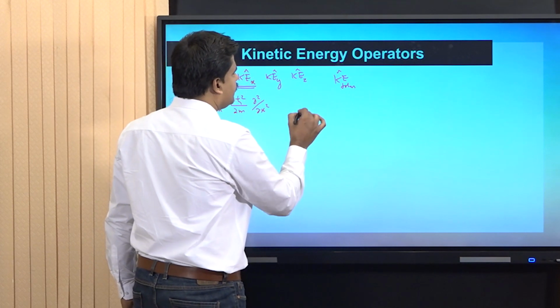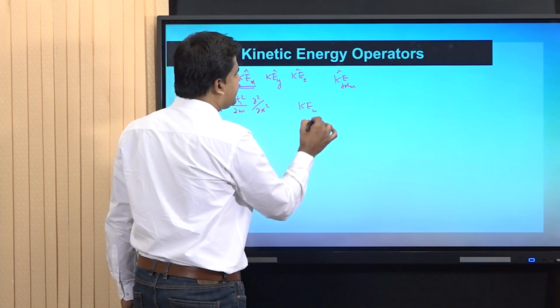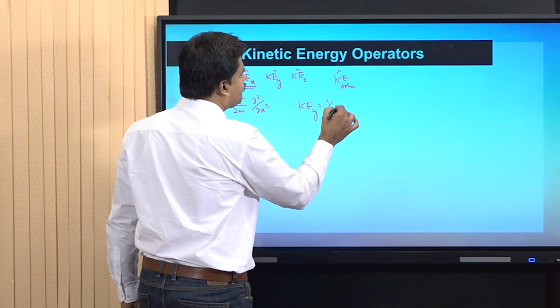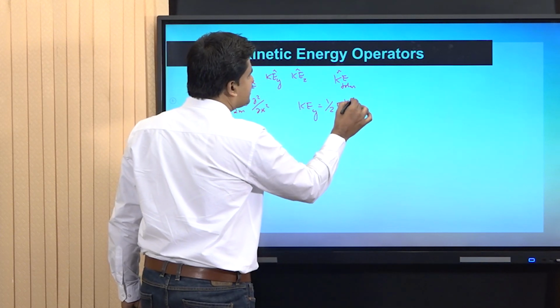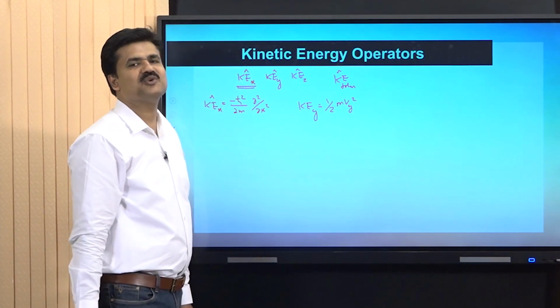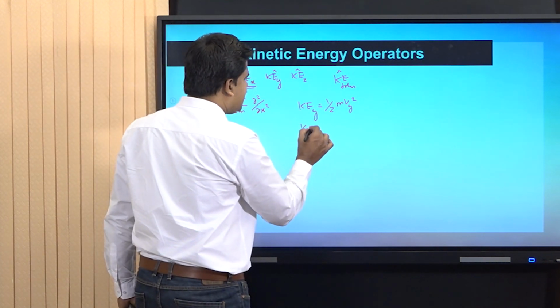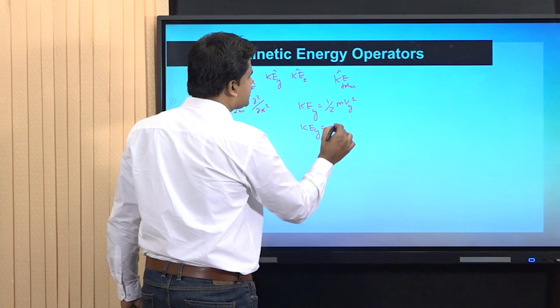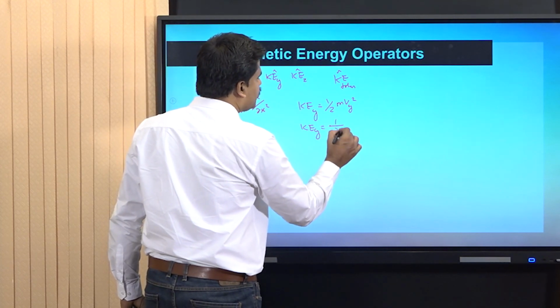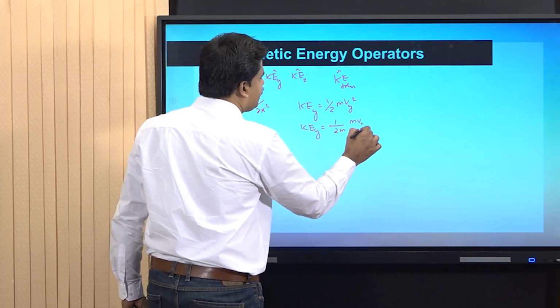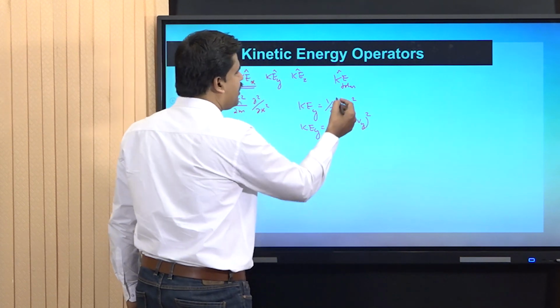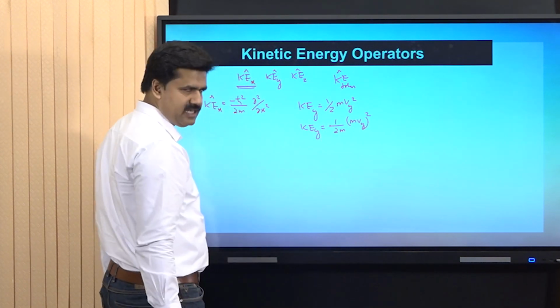How can we proceed? KEy is equal to half mvy square, where vy represents velocity along y direction. That is, KEy can be rewritten as 1 by 2m into (mvy) the whole square, by multiplying numerator and denominator by m.